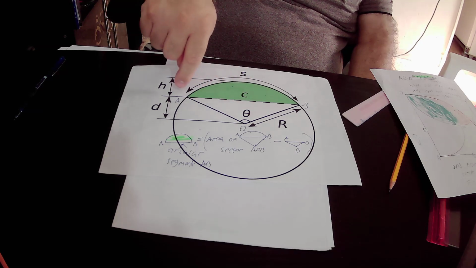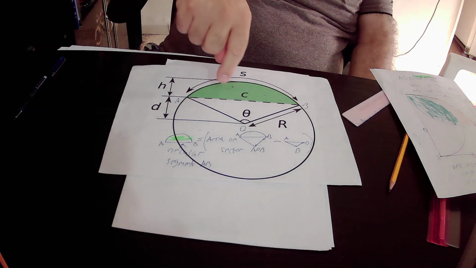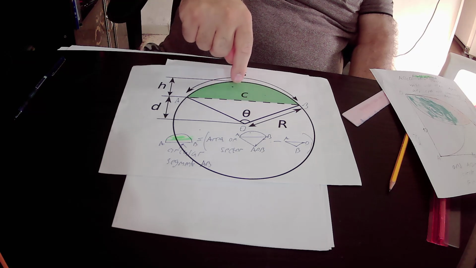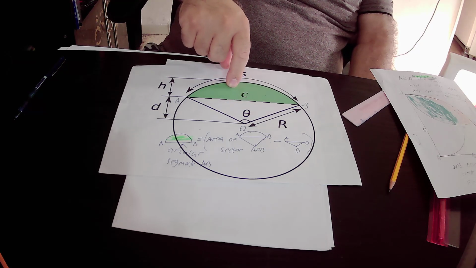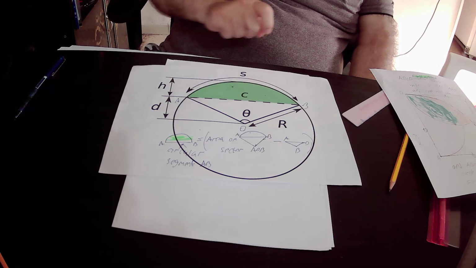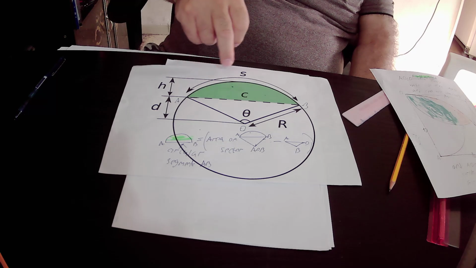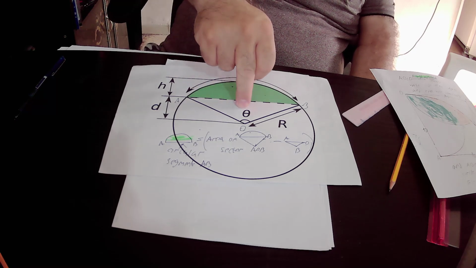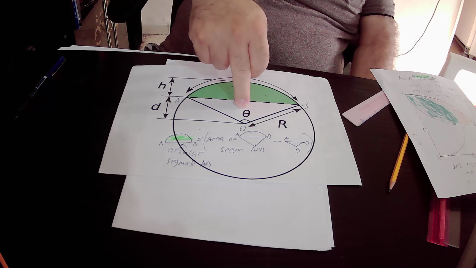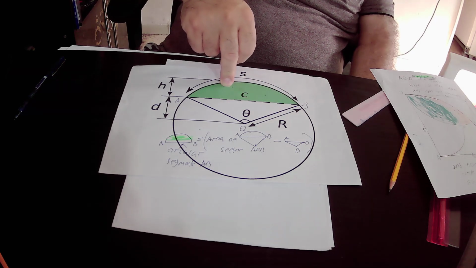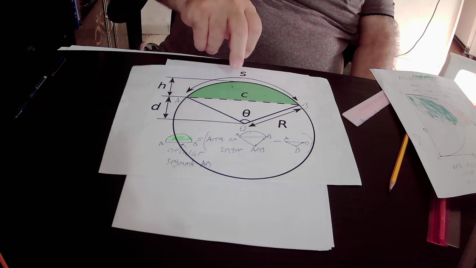Again, the area of sector AOB minus the area of triangle AOB will give us exactly the area of this circular segment AB. It is very easy to see from the drawing that if you subtract the area of triangle AOB from the area of sector AOB, we get exactly the area of this circular segment AB.